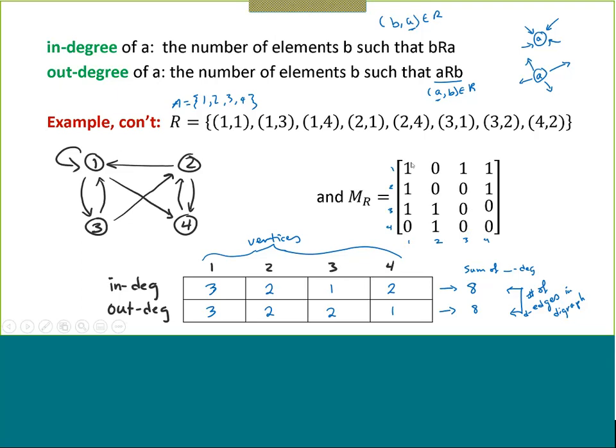Why is this? You could have started anywhere you wanted, but you ended at 3. And that's where this definition right here came into play. So notice you can get these degrees off the matrices as well, and using the original formal definition, you can pull this information off of the ordered pairs as well. But again, I think it's probably easiest to grab it off of the graph, but that's because I like the picture representation.